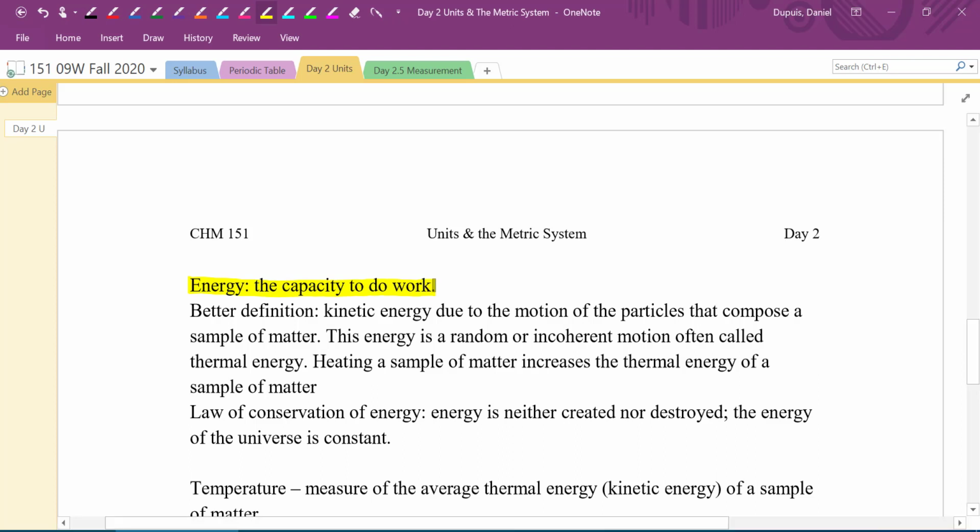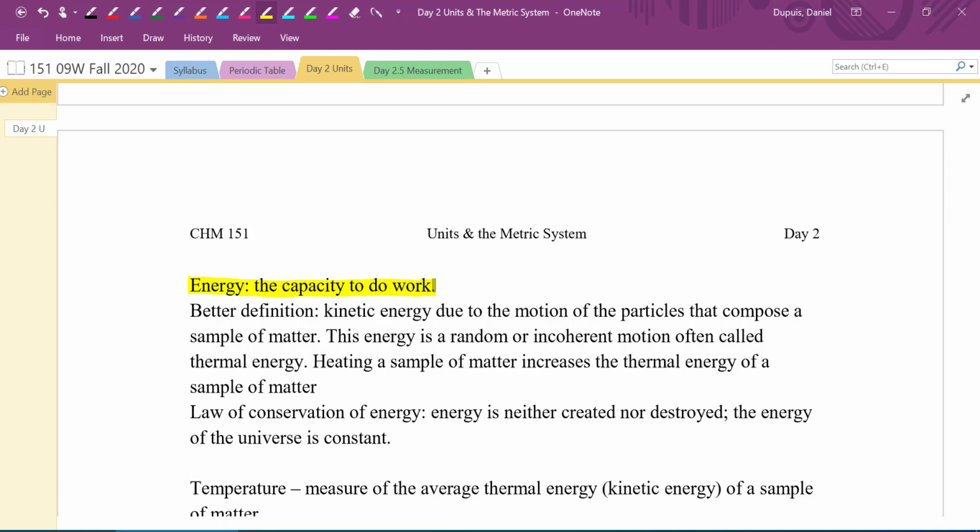Alright, so everything you have, every piece of matter has this stuff called thermal energy. Right? The particles that make up the matter, we haven't talked about those particles yet, but the particles that make up the matter are actually in motion. Now sometimes the motion is just a vibration or a rotation. Does not have to be moving across the table. They can just be moving, right?